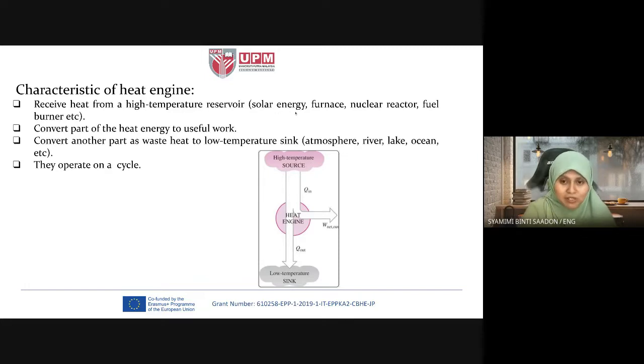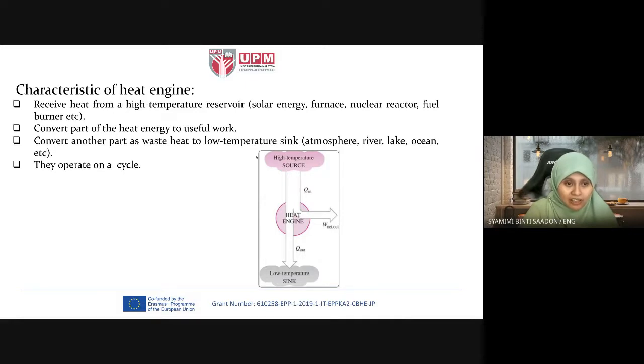The source can be solar energy, furnace, nuclear reactor, fuel burner, etc. Any source of renewable energy. That is the thermal high temperature source, the thermal reservoir, the heat source here.